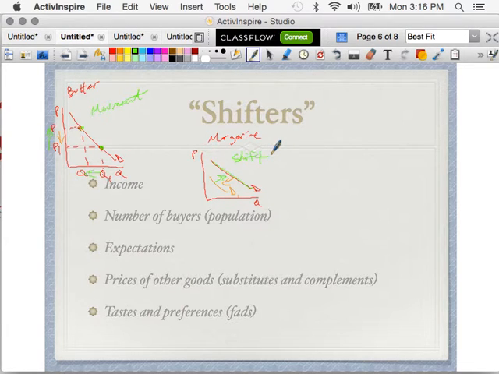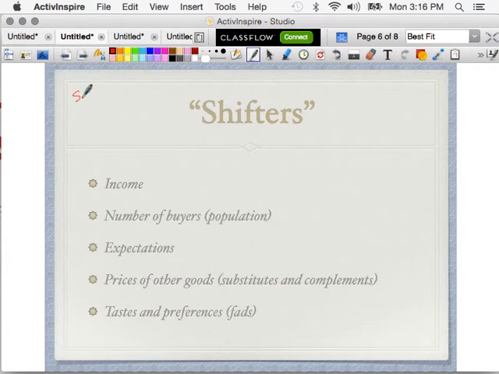Okay? Complements are things you use together, like snowboards, price and quantity, and snowboard boots.